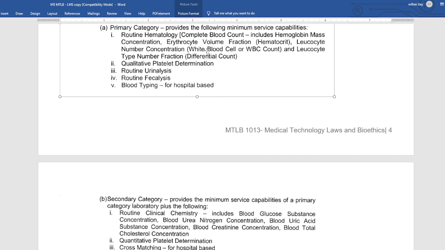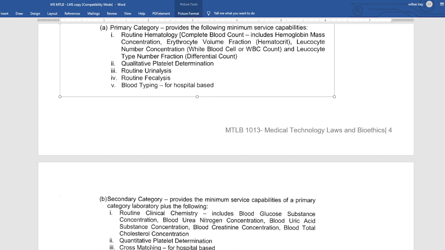But in addition to this, it offers also the following: routine clinical chemistry, quantitative platelet determination. Kasi sa primary, ang kaya lang niya is qualitative, di ba? But for secondary, it can do both qualitative and quantitative platelet determination. If the laboratory is hospital-based, it can also do cross-matching.